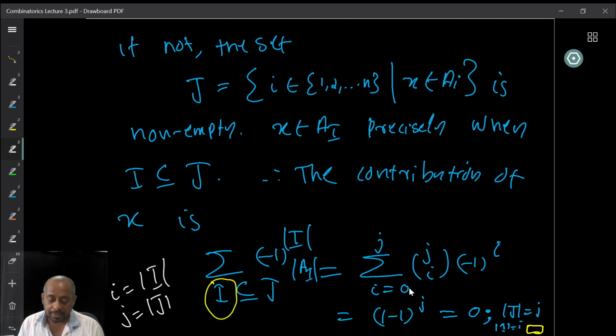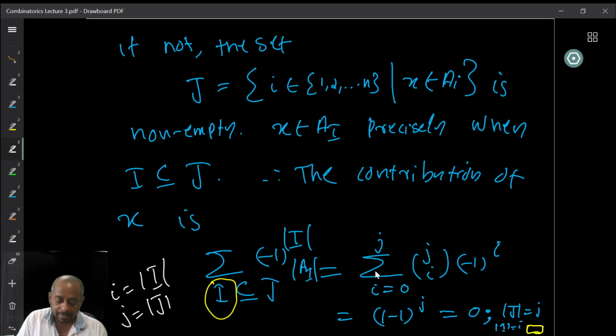What is the contribution? Because it is (-1) raised to the cardinality of I, it is (-1) raised to i. This is true for every i ranging from 0 to j, and therefore the summation can be written as the summation i equal to 0 to j of j choose i times (-1) raised to i.